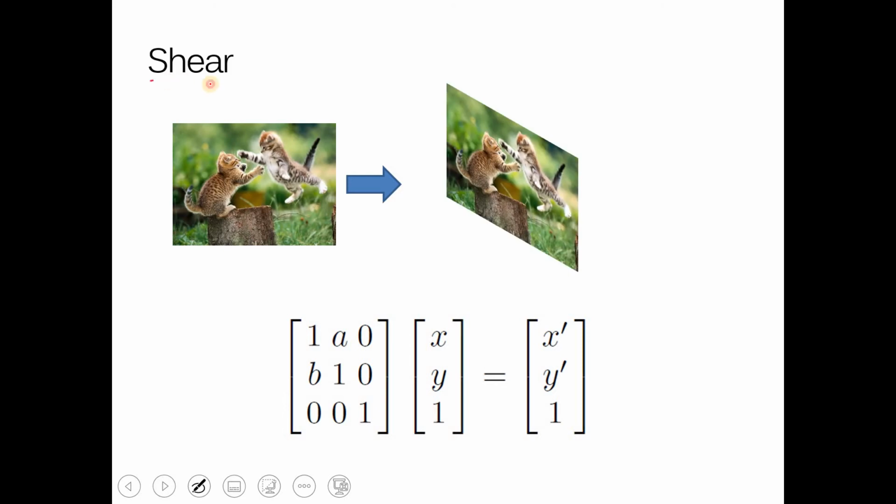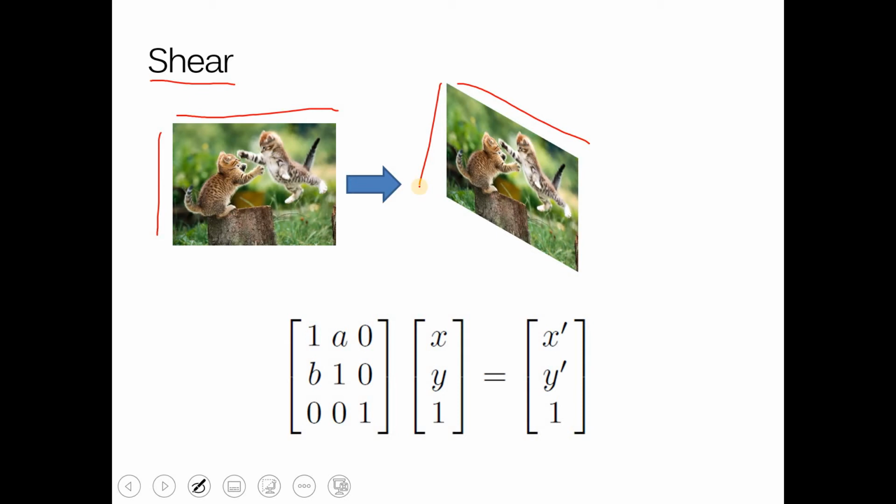That is called shear. In the case of shear, not only are you disturbing the aspect ratio, but you are also changing the angle of view of the image, as if you are viewing the image from a side. You take a photo from the side angle.